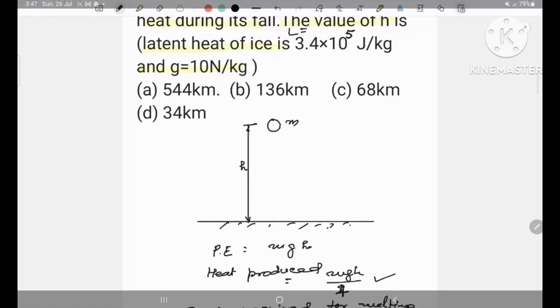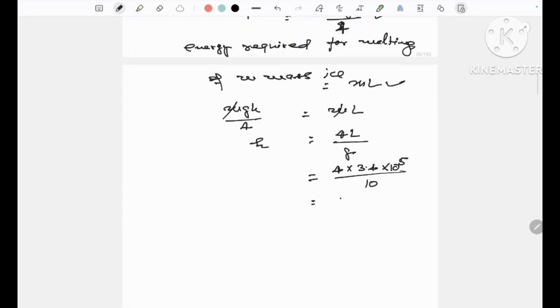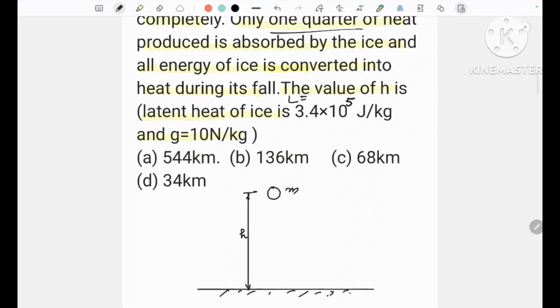L is 3.4 into 10 to the power 5 divided by 10, or 4 into 34 into 10 to the power 3 meter, or 136 into 10 to the power 3 meter, and that is 136 kilometer. The height from which the ice falls is 136 kilometer. B is the correct option.